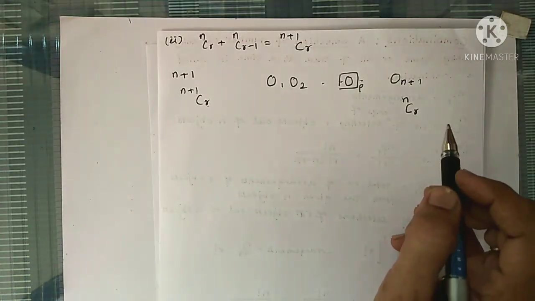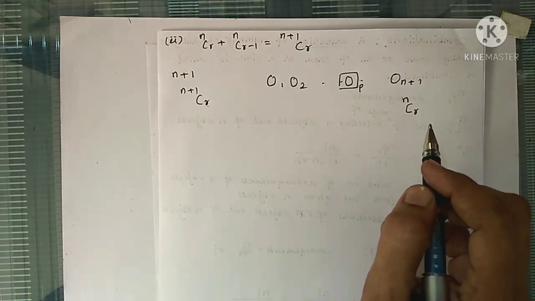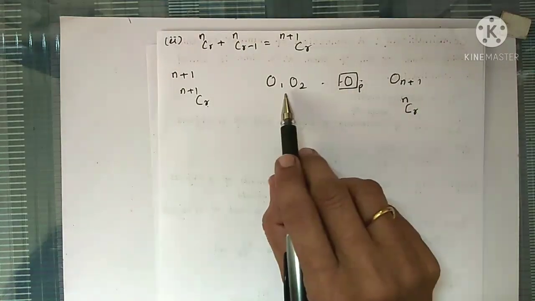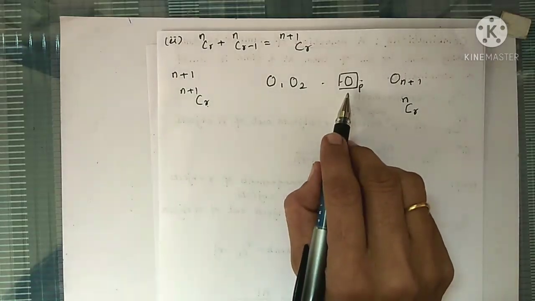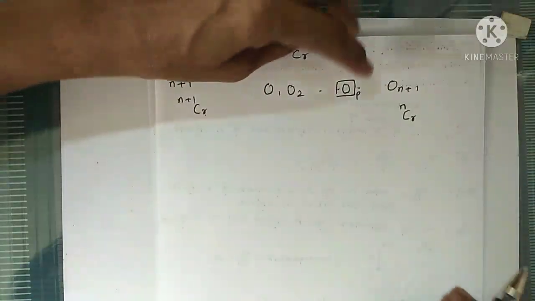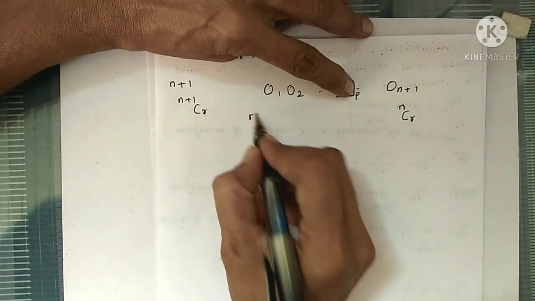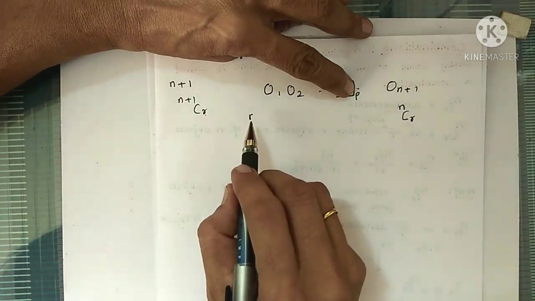Now let's consider the selections where this object has to be there. So let's select this one. So we have selected this one. So we have to select r objects, and from those r objects we have already one selected there.